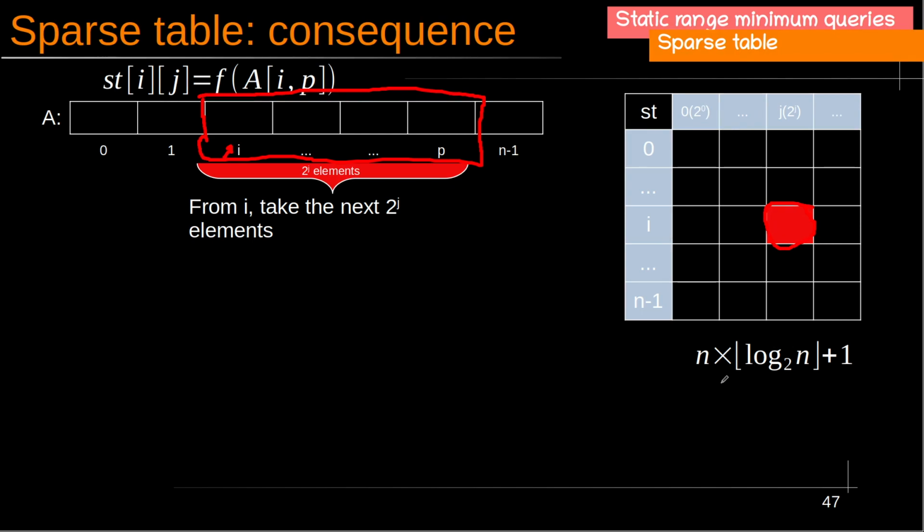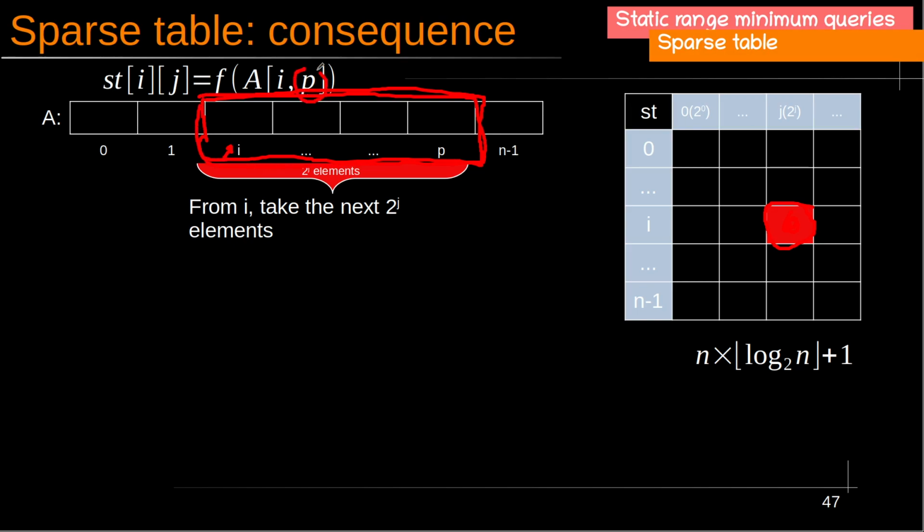As we said in the beginning, this matrix is of size n times the floor of log base 2 of n, plus 1. So this value here in this red cell is the result of f in the initial array from i to p. So from i we take the next 2 power j elements and we apply f on these elements here.